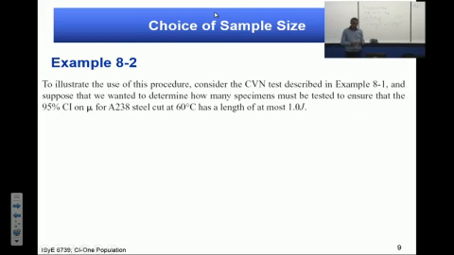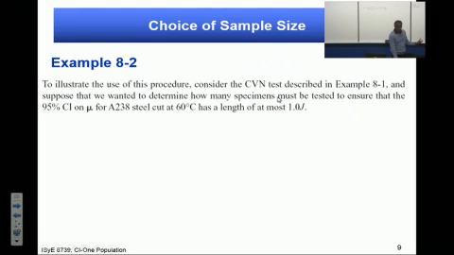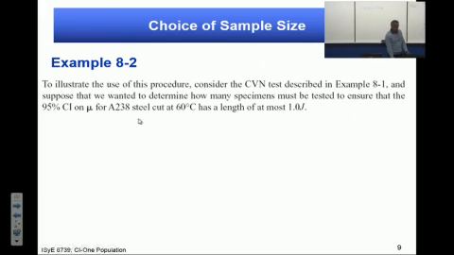Anybody got a number? 16? Okay. So it says the same procedure in example 8-1, and supposes that we wanted to determine how many specimens, or sample size basically, must be tested to ensure that the 95% confidence interval on mu has a length of at most 1 joule.